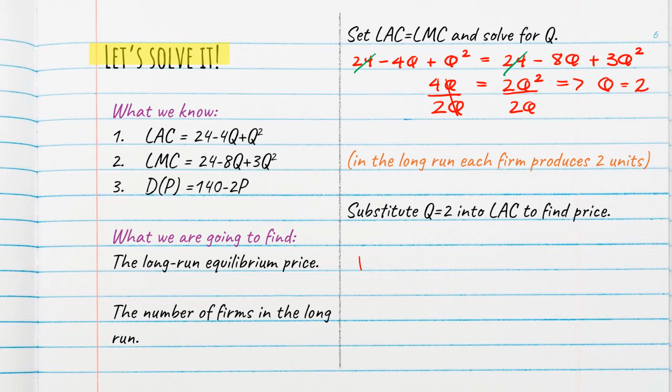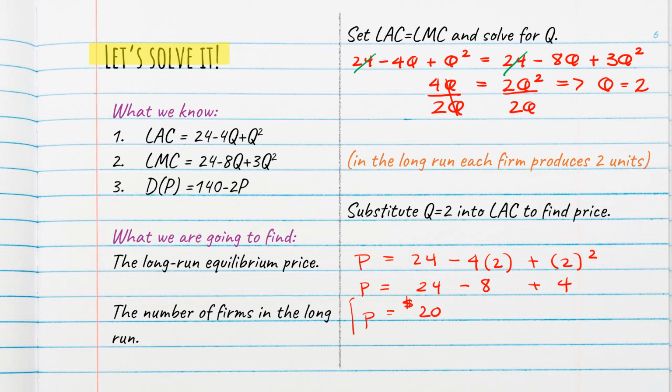So I get that P is equal to 24 minus 4 times 2 plus 2 squared. So P is equal to 24 minus 8 plus 4. So finally, we could say P is equal to 24 minus 4, which is $20.